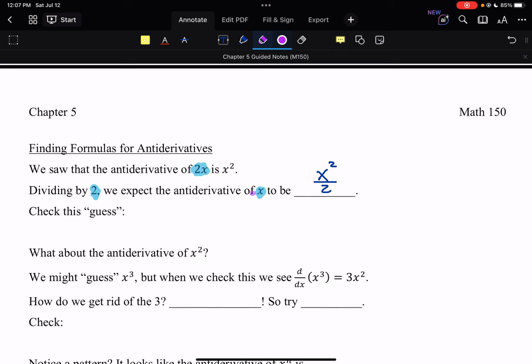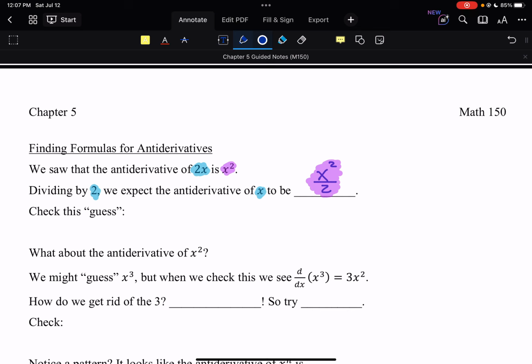If we're just dividing everything by 2, then we would expect the antiderivative to also be divided by 2 as well. So this is what we should be getting for the antiderivative of x.